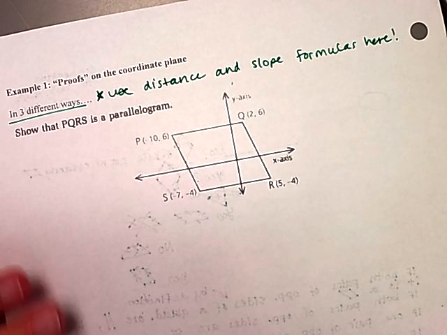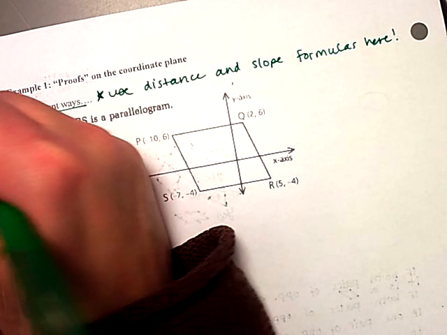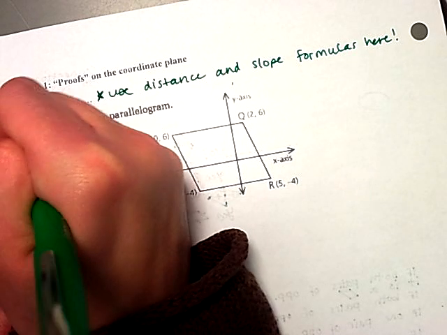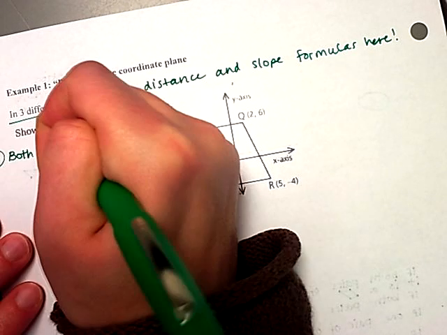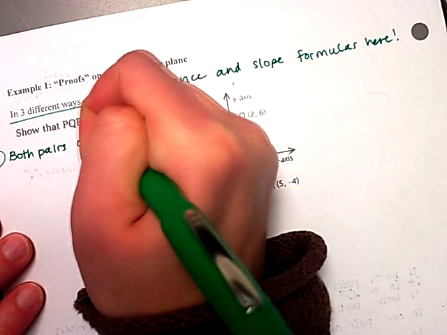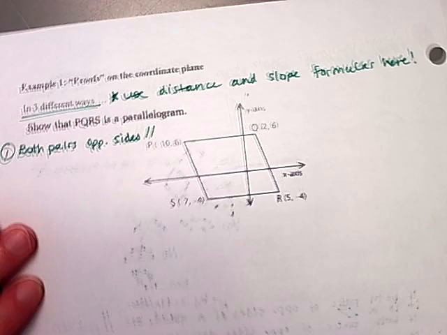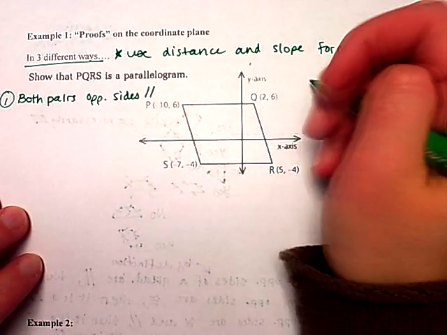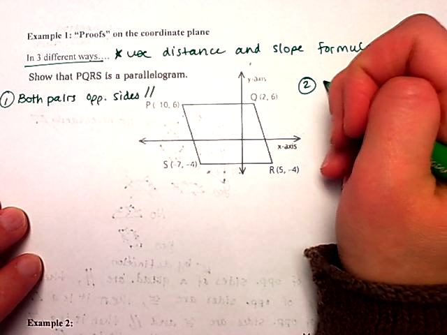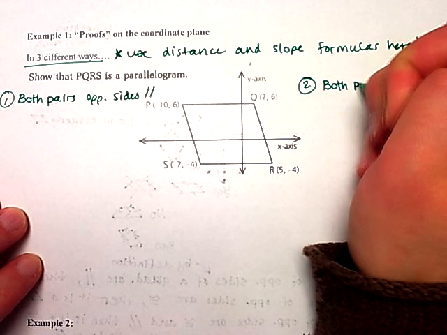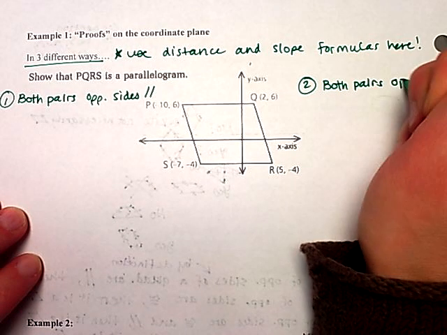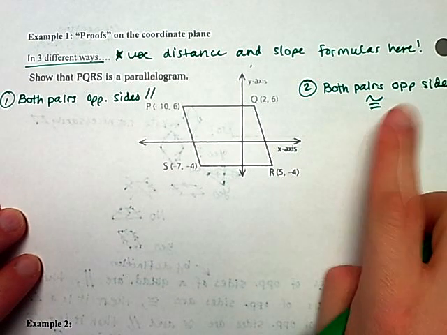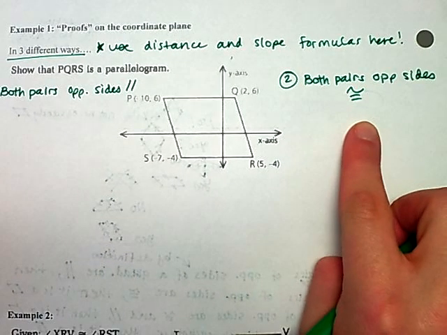So we said one thing I could do is show both pairs of opposite sides are parallel. Right? And I'd have to use the slope formula to do that. Another thing I could do would be showing both pairs of opposite sides are congruent, and to do that one, I'd use the distance formula.